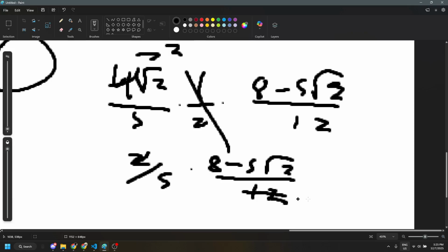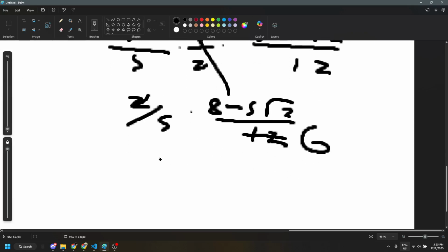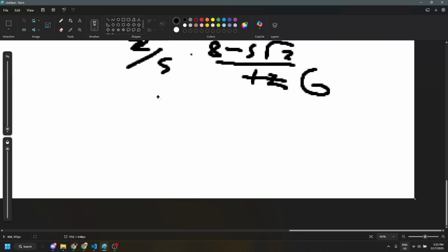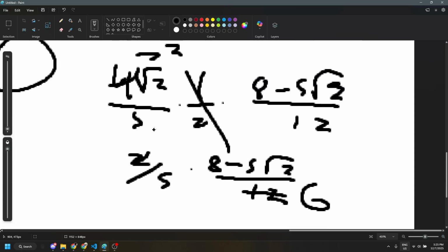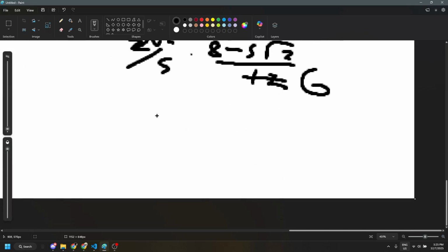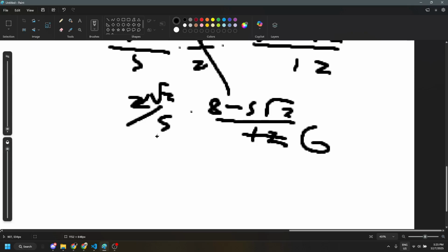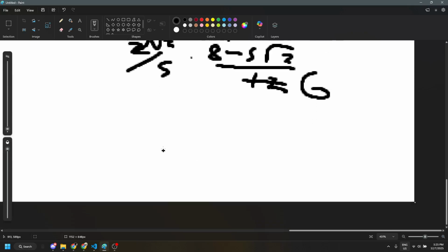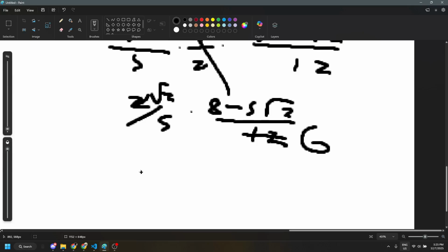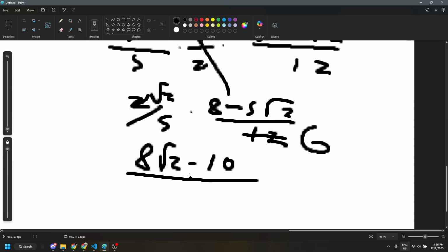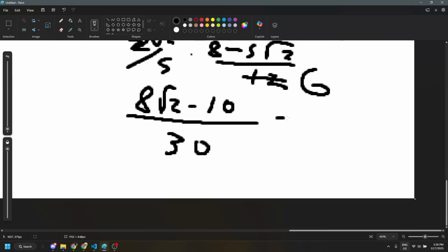This cancels out again where this goes to 6. So over 30, and then multiplying all the root 2's, we get 8 root 2 minus 10 over 30, which is equal to 4 root 2 minus 5 over 15.